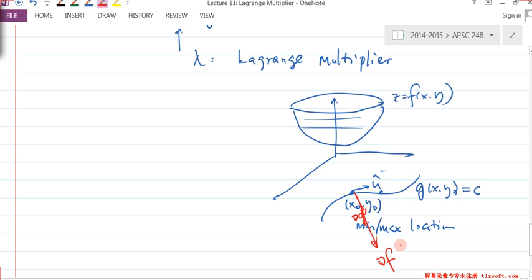So the question may be asked now: if I give you this point here, can you draw the contour plot given this location for this function, for this surface? You have a location right here. You have the surface. What would be a contour plot for this surface?